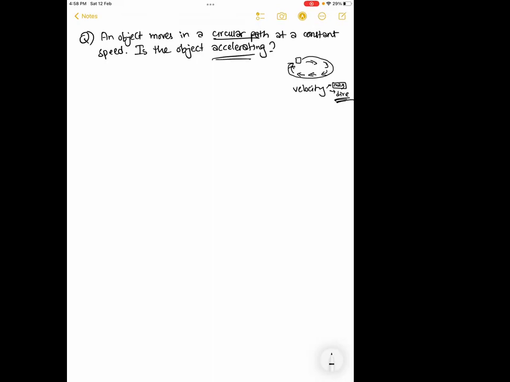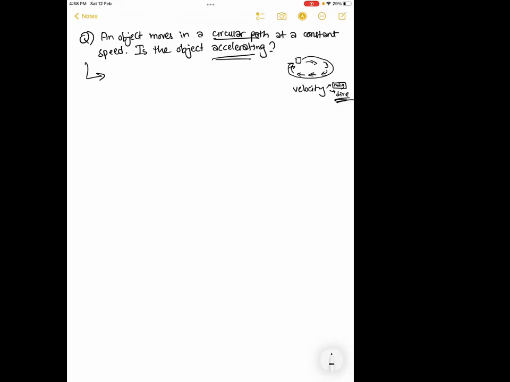If the speed is constant, doesn't that mean the magnitude is constant? Exactly. If there's a change in direction, it means it's accelerating. Yes, that's why I asked this question, because you need to know that even if the magnitude is the same, if the direction is changing, the velocity has changed. So it means that it is accelerating.